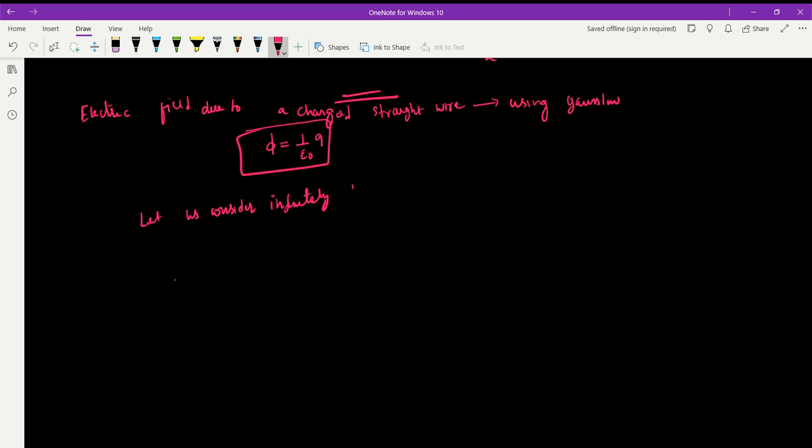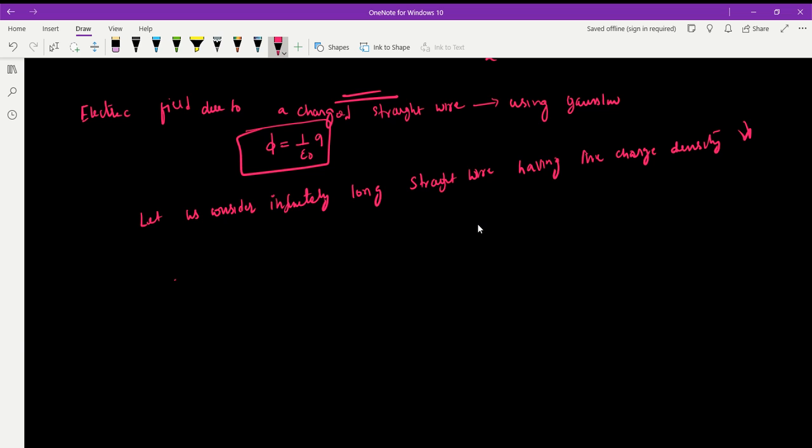Again, I'm just doing it here: consider a long straight wire. Let us consider an infinitely long straight wire having line charge density lambda.